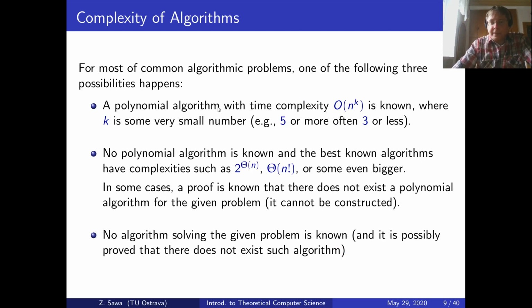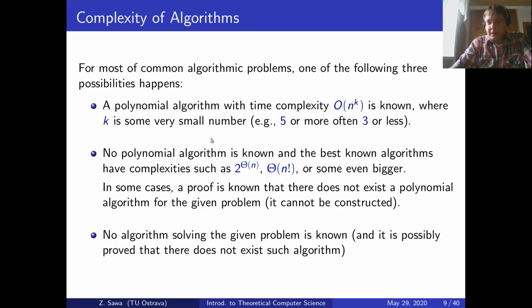So as I have mentioned, for most problems where a polynomial algorithm is known, some polynomial with small degree is known, like 5 or 3. So when we have typical problems that are studied from an algorithmic point of view, one situation that could happen is that for the given problem we have a rather efficient polynomial time algorithm with a rather small degree of polynomial.